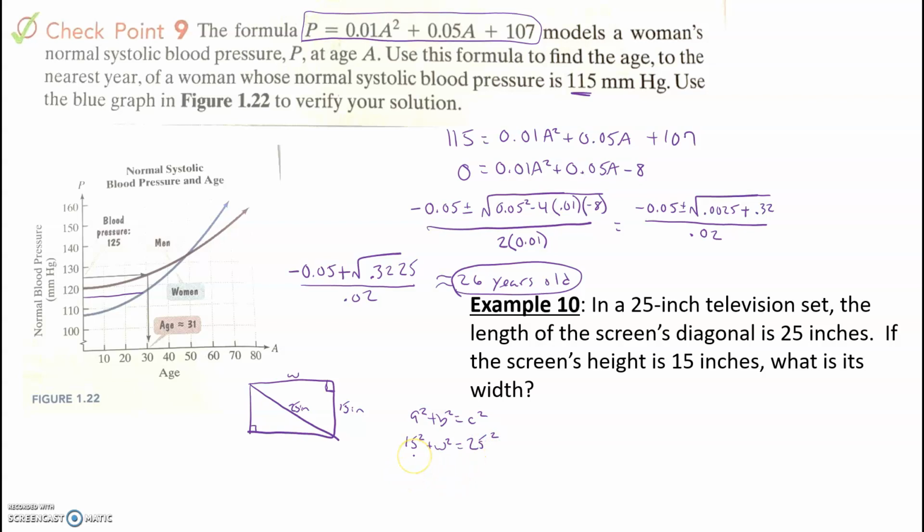So we're going to do a little math here. And we've got 15 squared, which is 225, and w squared, and then 25 squared. Subtract 225 from both sides.